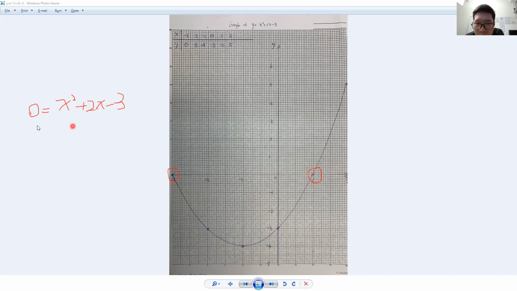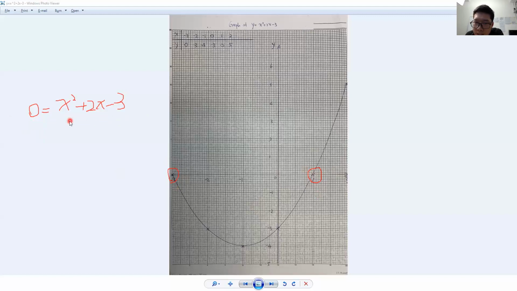As you can see, 0 equals x squared plus 2x minus 3 is a quadratic equation. So by drawing a graph of a quadratic function and finding the x-intercepts, you can find the solution for this quadratic equation.